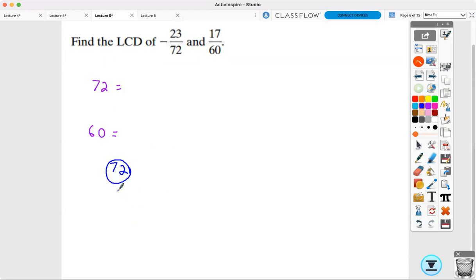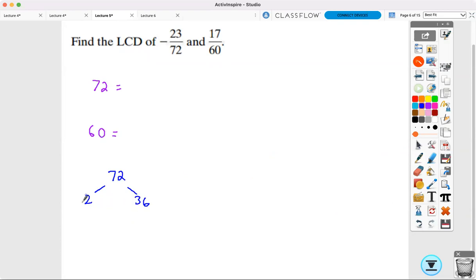So remember, the smallest prime factor is 2, right? So 72 is the same thing as 2 times 36, right? And actually, you don't even have to circle 72. I don't think you do. It's been a while since I've done a prime factor tree.